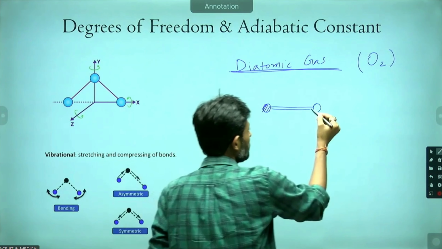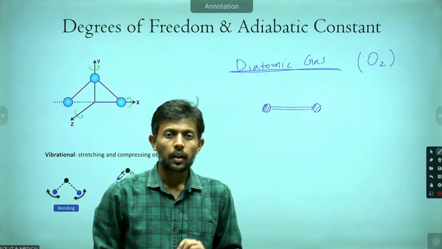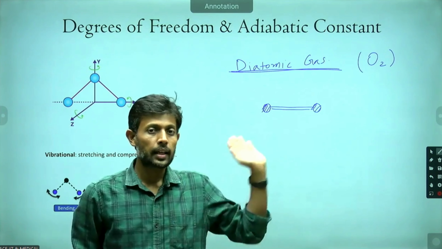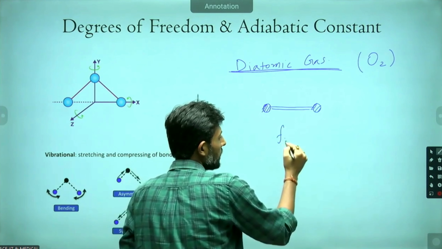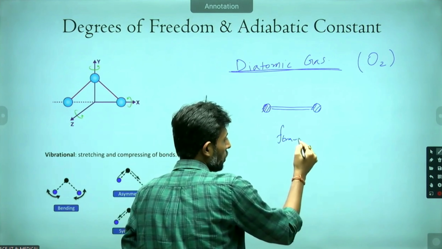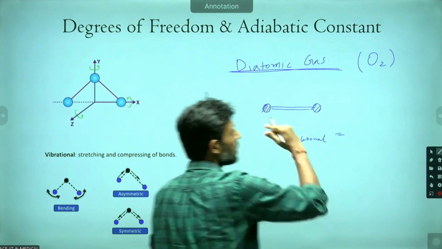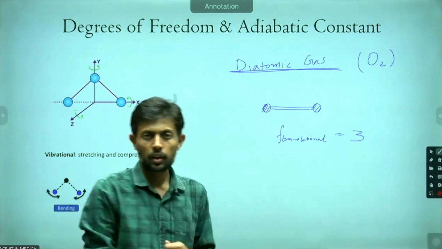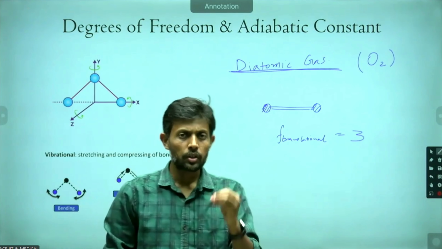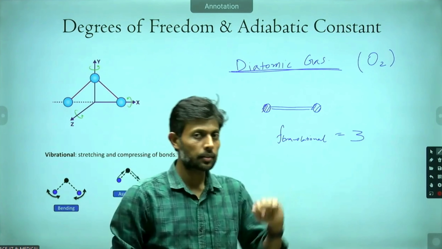These are oxygen atoms, and there is a bond between the 2 atoms. In how many different ways can this entire molecule move? Translational is going to be the same. It can move along the x-axis, along the y-axis, and along the z-axis. So 3 translational modes, or 3 ways in which it can translate.